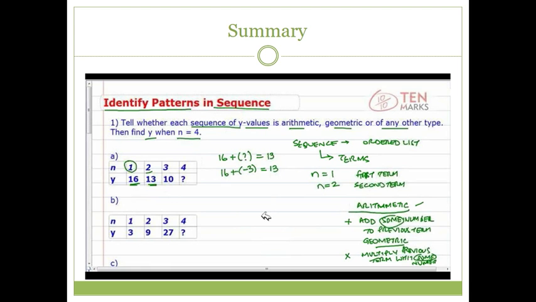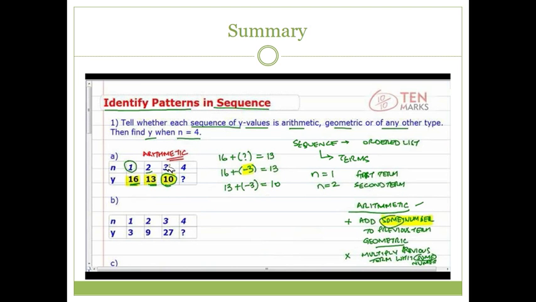So the number that moves the sequence from one term to the next could be negative 3. Let's see if that's true. Third term, the value is 10. If I take 13 and add negative 3, do I get 10? 13 minus 3 is 10. So this sequence moves from term to term by the addition of negative 3, which means this is indeed an arithmetic sequence.